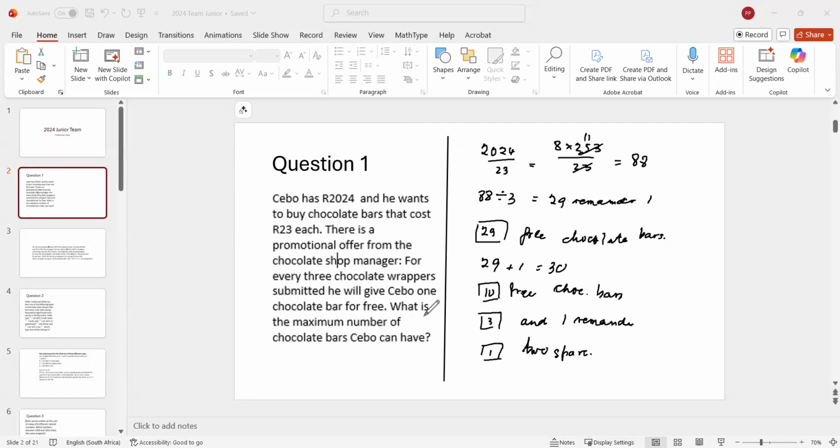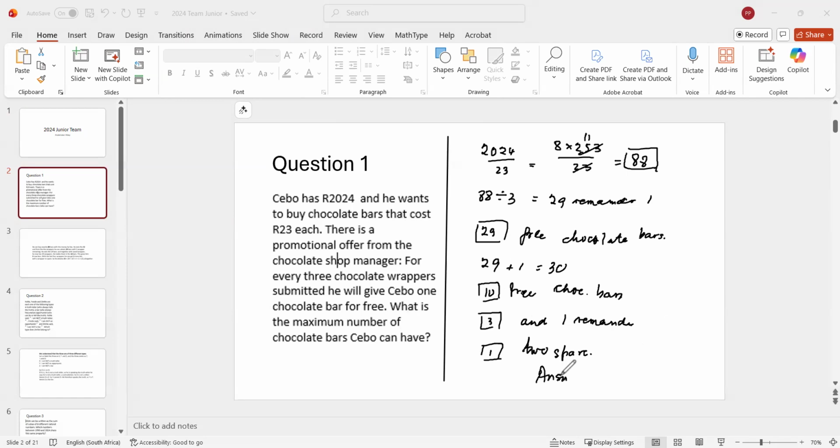So the question is, what is the maximum number of chocolate bars Sebo can have? You have to add up all these things. You've got the 88 plus 29, 111, 120, 129, 117, 127, 131.